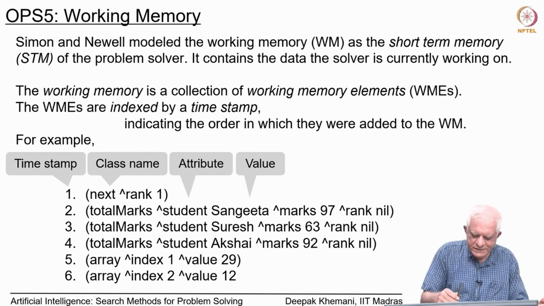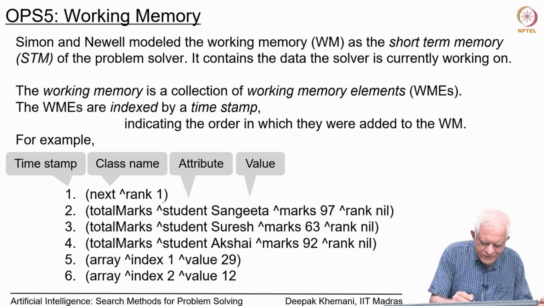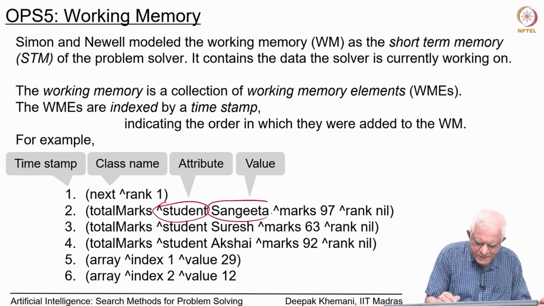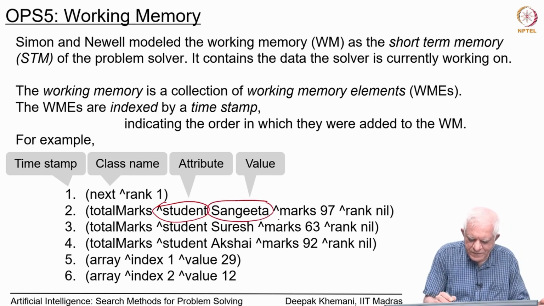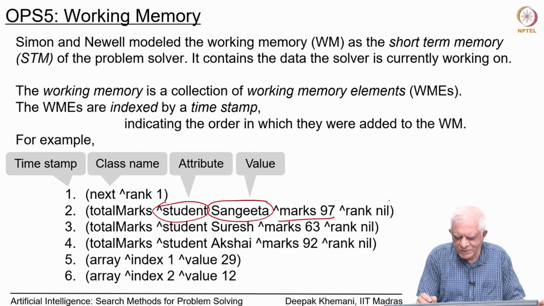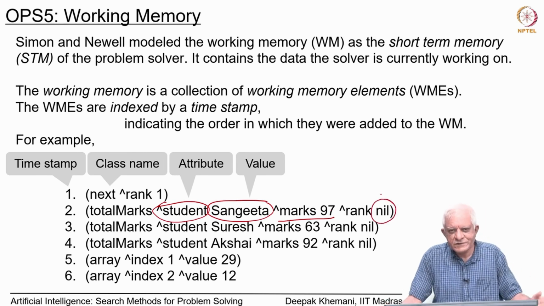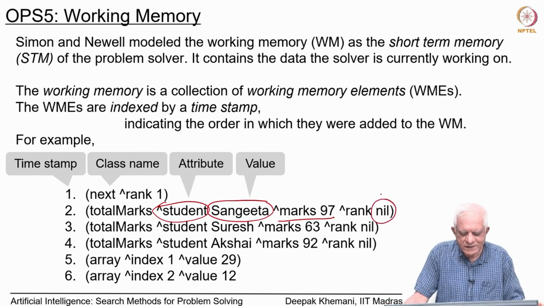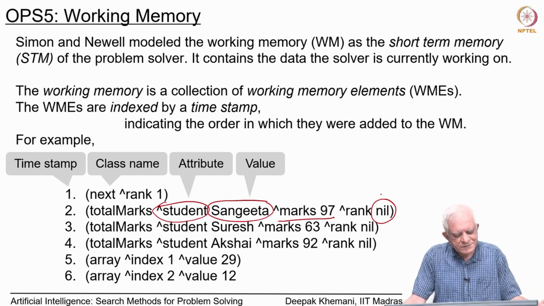So, what we have seen here is, for example, the attribute student has the name Sangeeta, the attribute marks has a value 97. Some attributes have nothing in them, so they are just stored as nil. So, you can imagine that this is part of some data that you would use when you grade students for their courses and assign ranks and things like that.